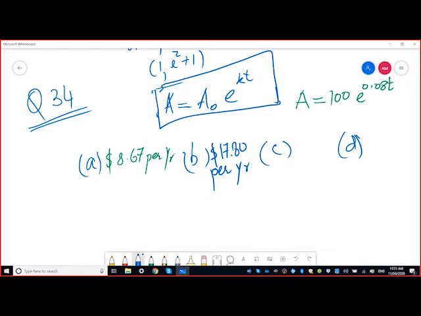What is C? C is $39.62 per year. What is D?